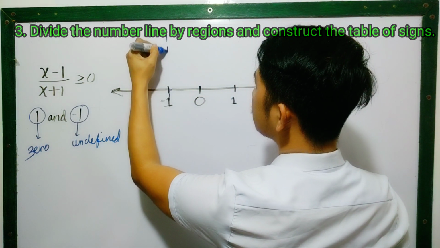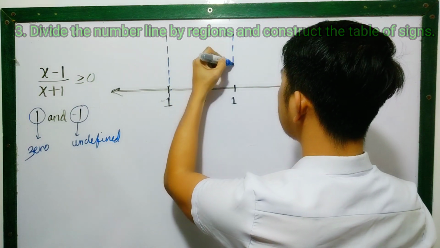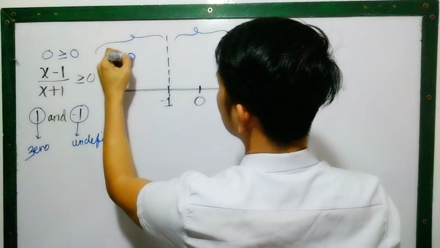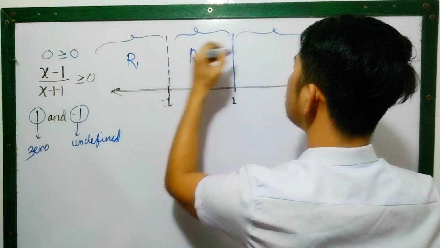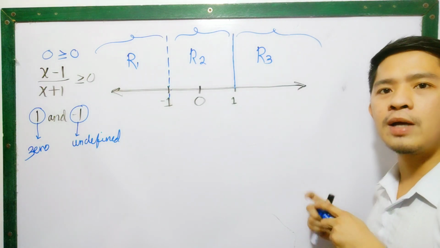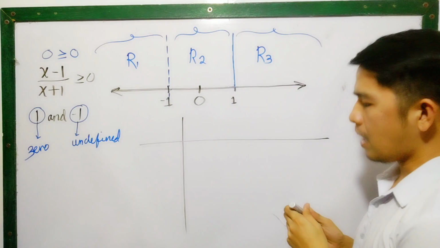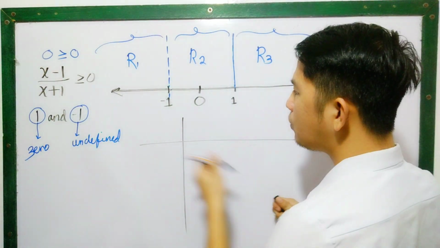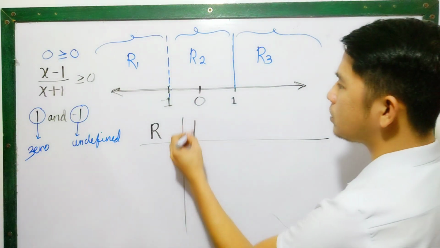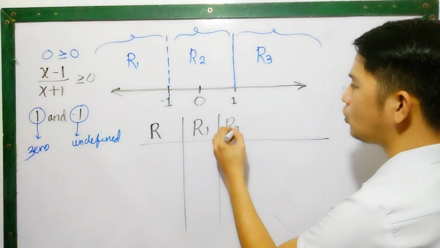Okay, maglagay tayo rito ng mga broken line sa mga critical numbers. So ito ang region 1, ito ang region 2, at ito ang region 3. So mag-construct na tayo ng table of signs. Okay, so ang nilalaman ng table natin, yung regions, tatlo yung regions natin, no? So ito yung region 1, yung region 2.